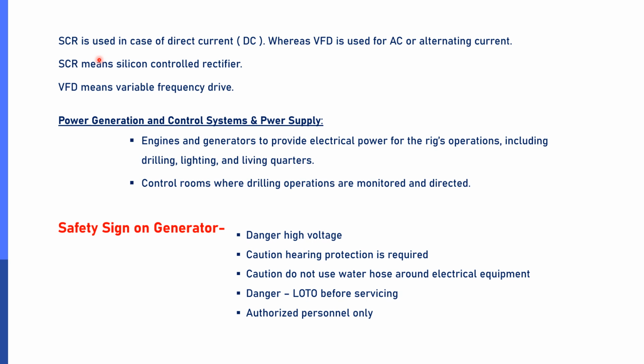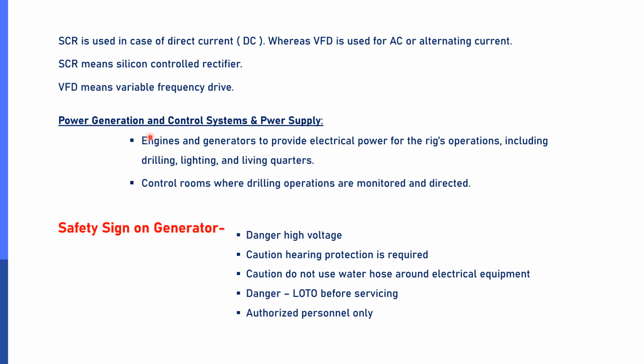SCR is used in the case of direct current, DC motors, whereas VFD is used for AC. AC means alternating current. What is the full form of SCR? SCR means silicon controlled rectifier. VFD means variable frequency drive.